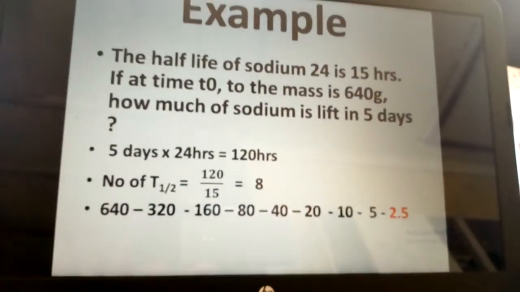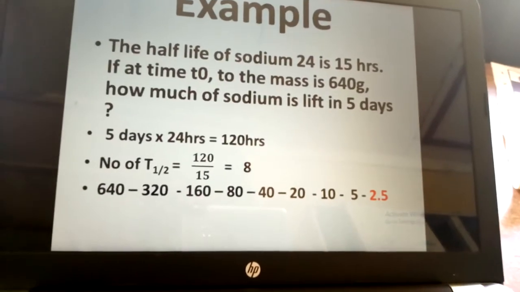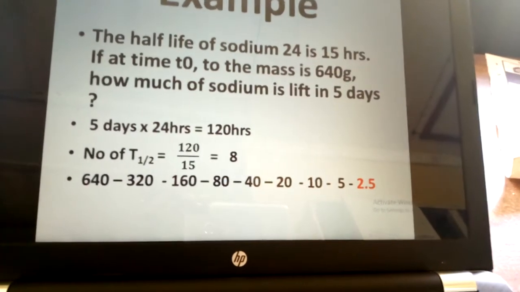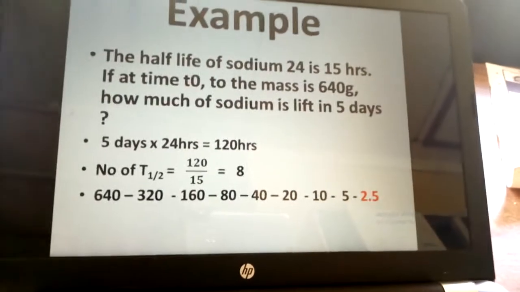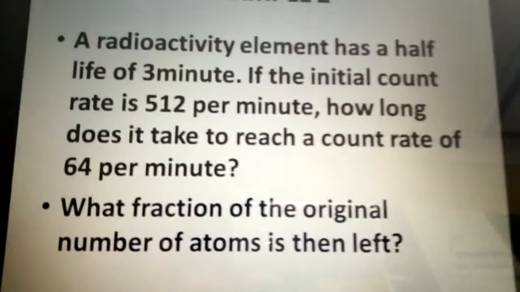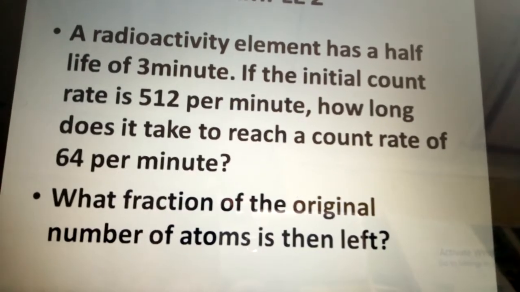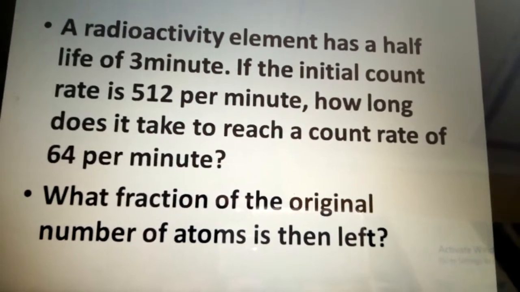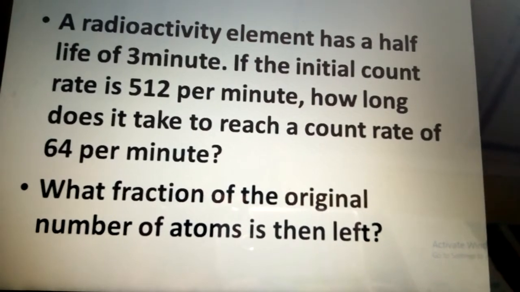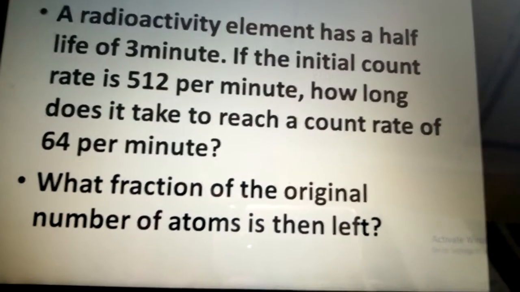Okay? So we are talking of half-life as the time taken for the activity to remain half, in short. Example 2. A radioactive element has a half-life of 3 minutes. If the initial count rate is 512 per minute, how long does it take to reach a count rate of 64?